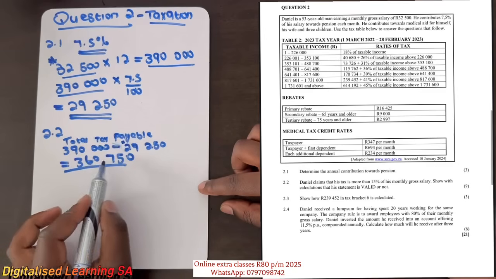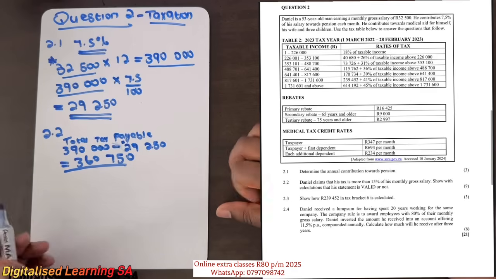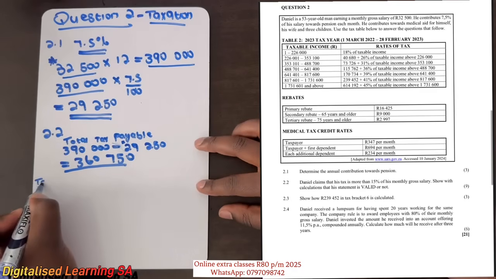After finding the 360,750, we then need to determine his tax bracket.